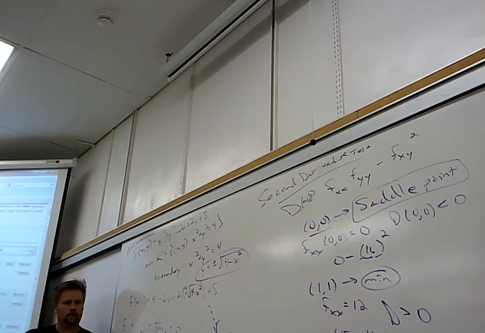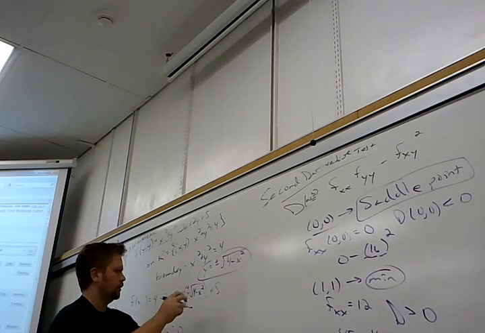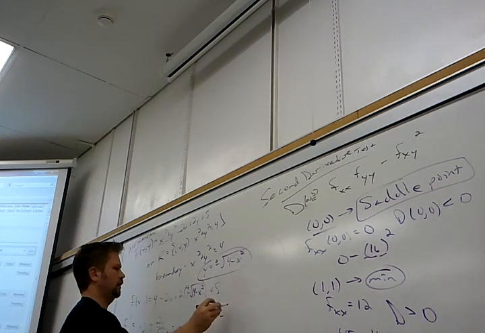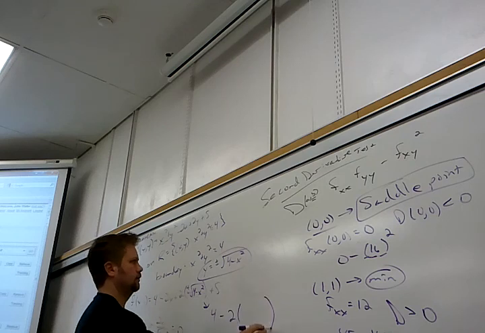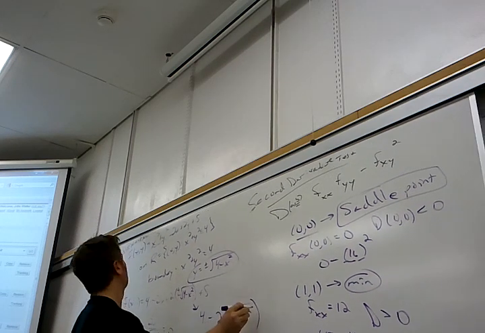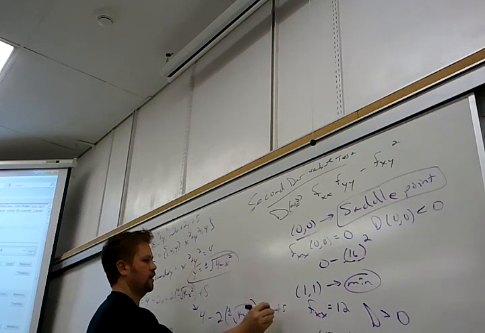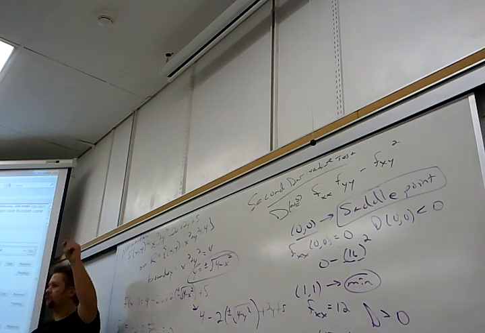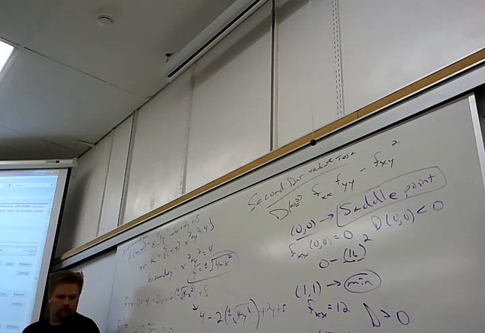And over here, what I'm saying is, you would write the equation like this: 4 minus twice plus or minus the square root of 4 minus y squared, plus 2y plus 5, and then go from there. Do everything in terms of y now. So then I get my critical points.